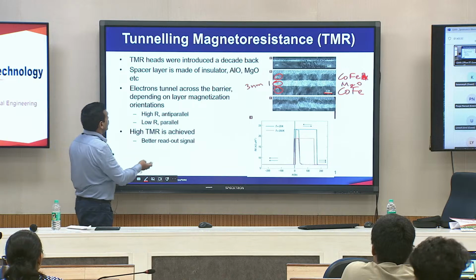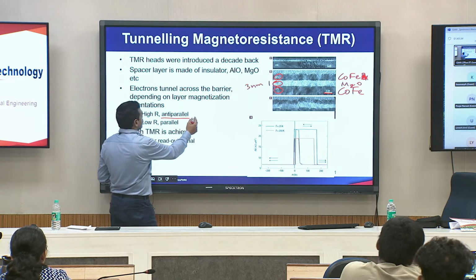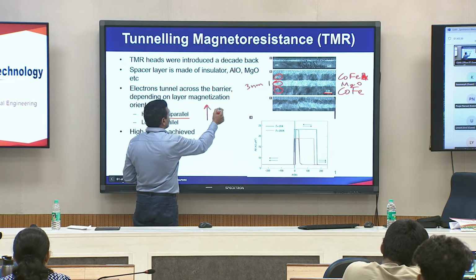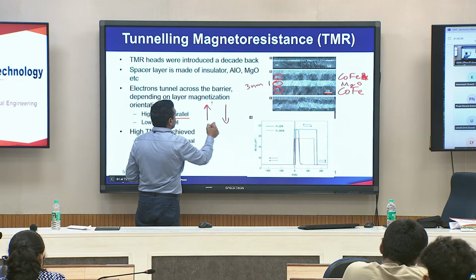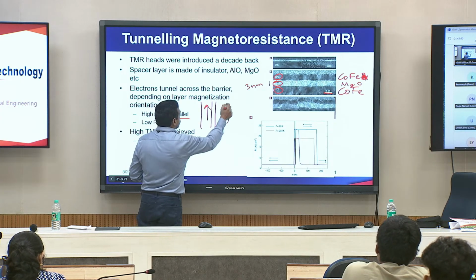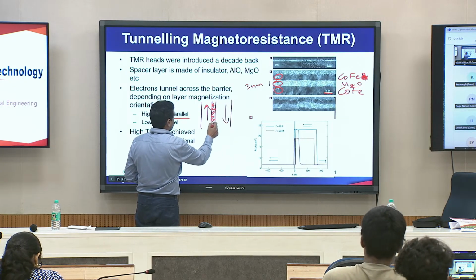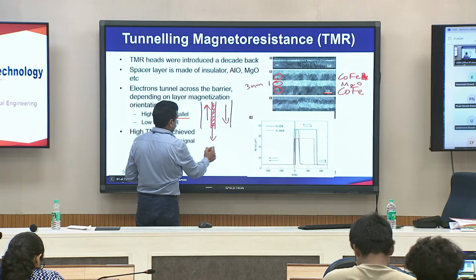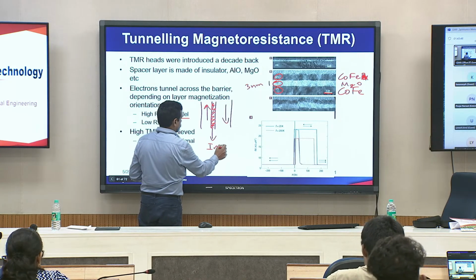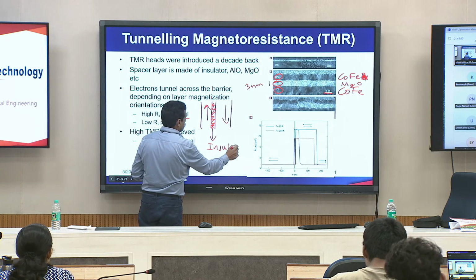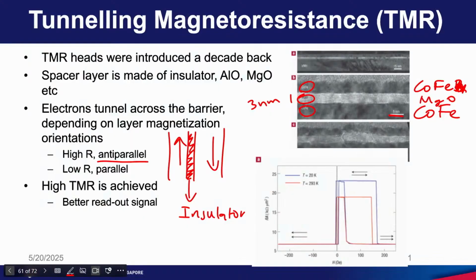So, again like in the GMR, if there are two magnetic materials, the magnetization of the two layers can be parallel or antiparallel. So, here we have an insulator. You can say this layer is cobalt iron, this layer is magnesium oxide, the third layer is again cobalt iron.